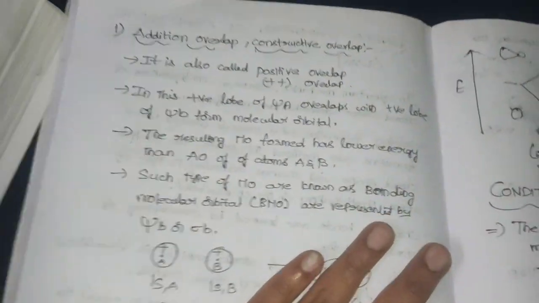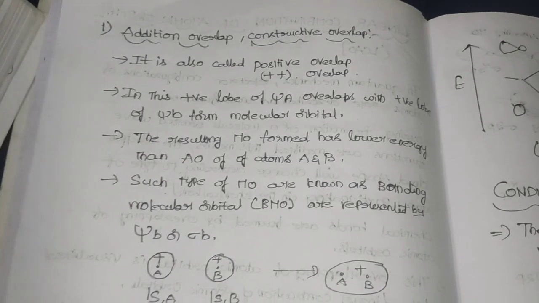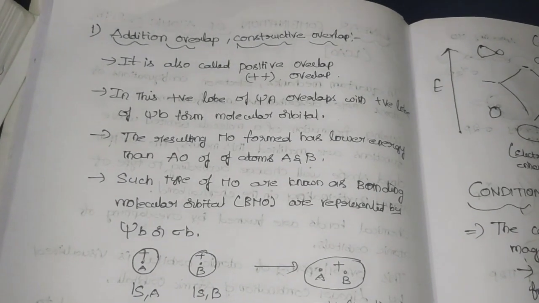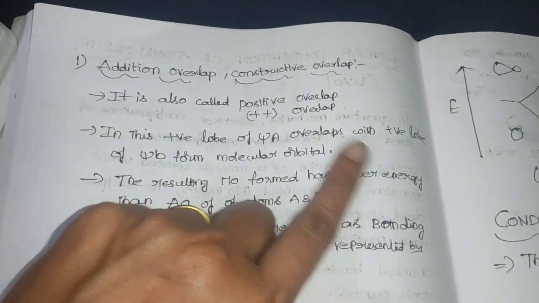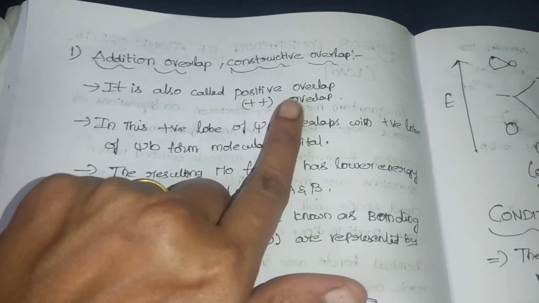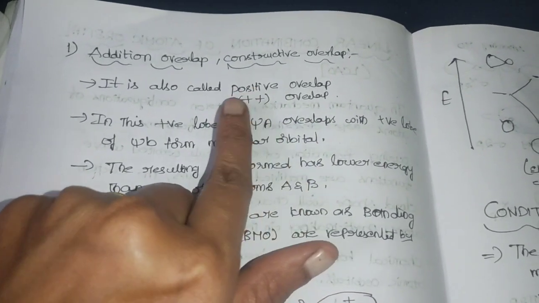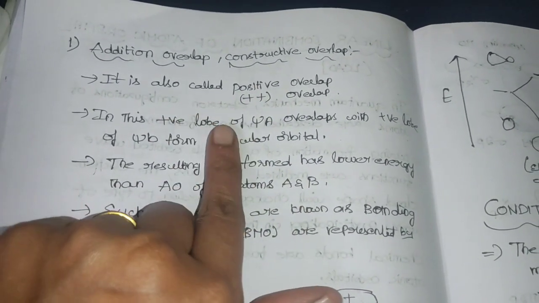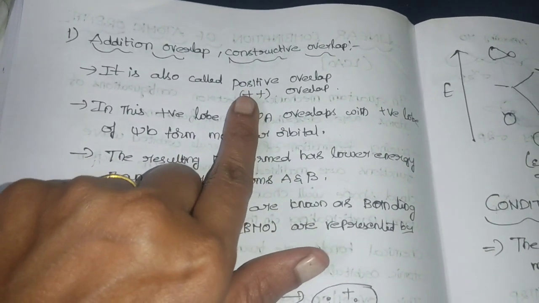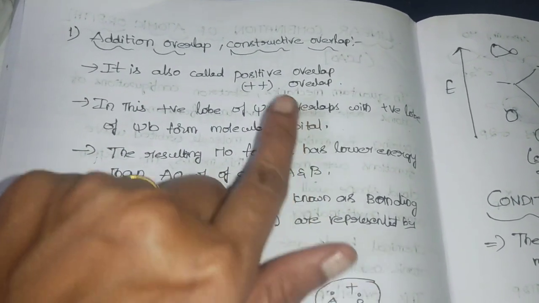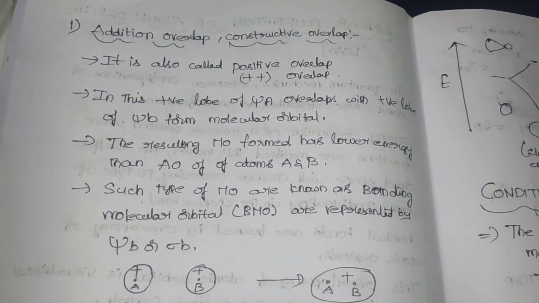Let's see the two. Constructive overlap is also called addition type of overlap and destructive is called subtraction type of overlap. Let's see first what the addition or constructive overlap is. It is also called positive overlap, plus-plus overlap. The positive lobe of wave function A overlaps with the positive lobe of wave function B to form a molecular orbital.